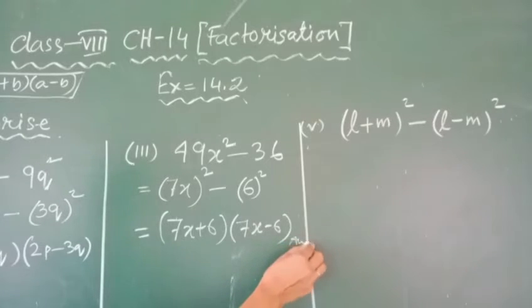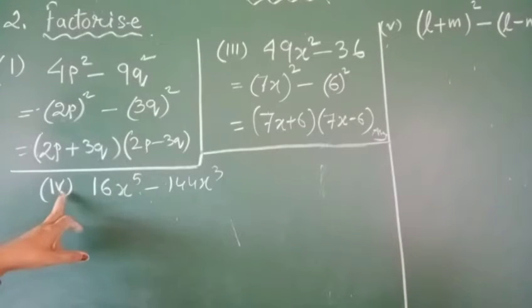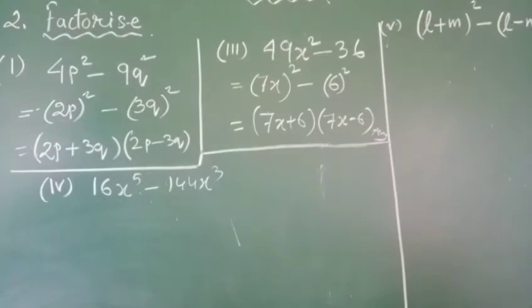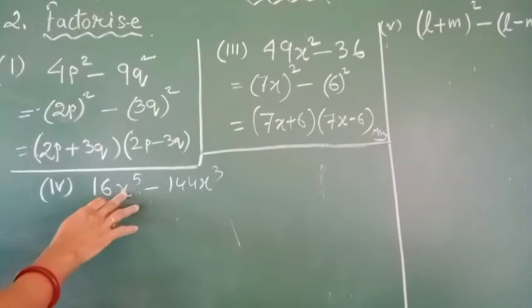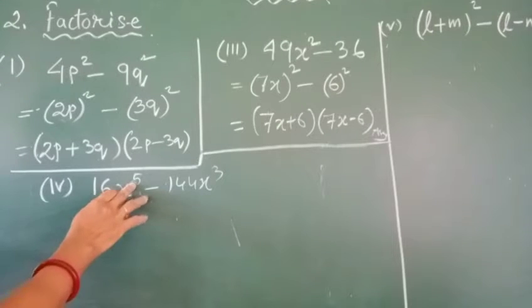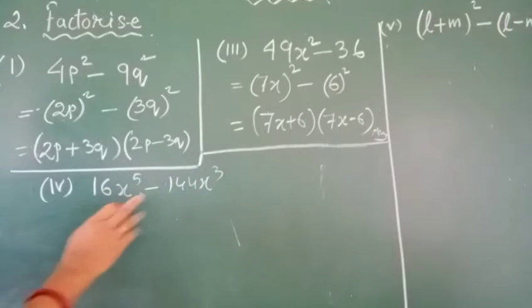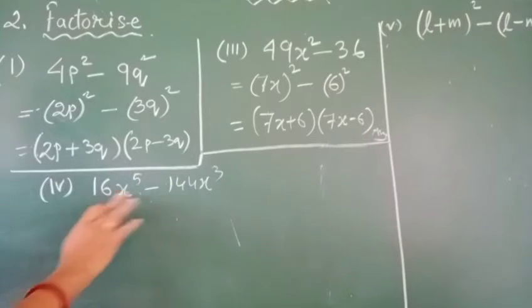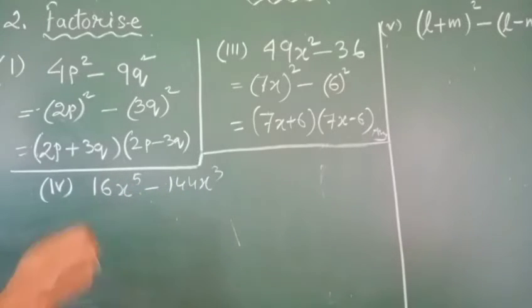Understood? Next sum is, now look at question number 4, 16x to the power 5 minus 144x cube. X to the power 5 is not a square number and x cube is also not a square number, but 16 is a square number, 144 is a square number, but I can take common. Do you remember common factor?